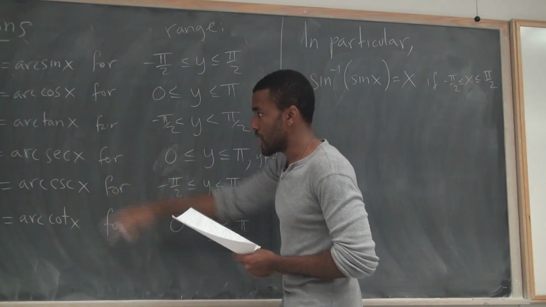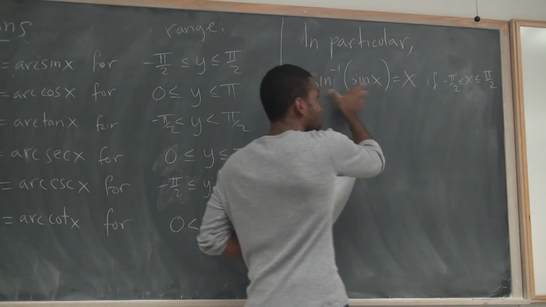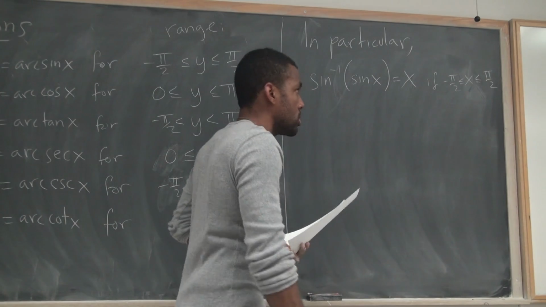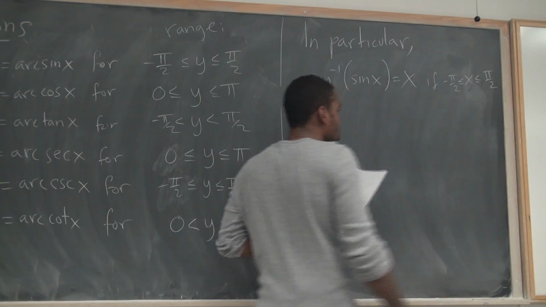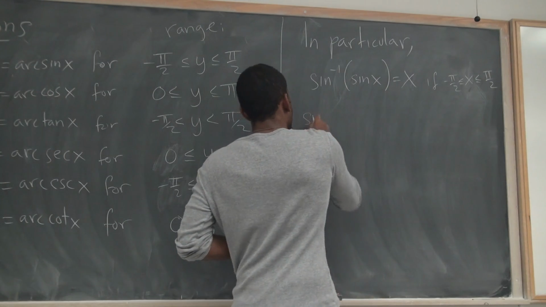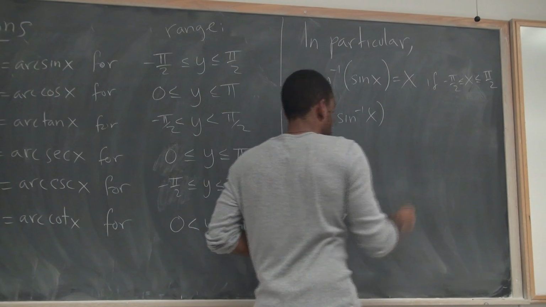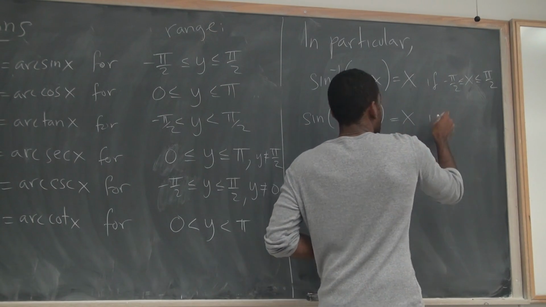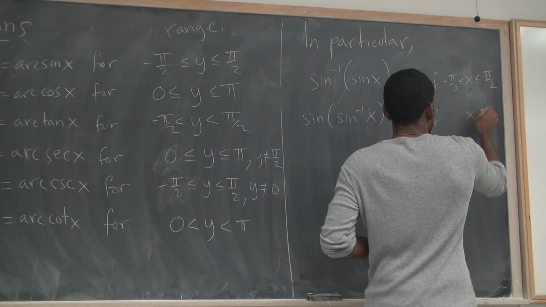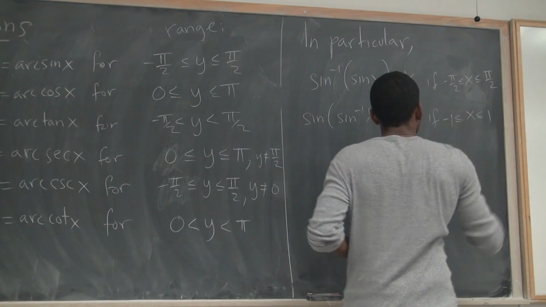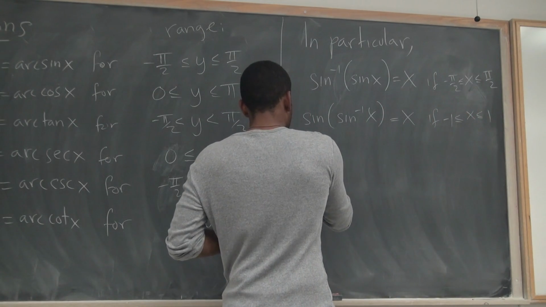So one of the reasons why you need to know this is that it doesn't always work that the inverse function gives you x for these trig functions. That's why you need to know where this actually works. However, sine of sine inverse of x is just x for all x between 1 and negative 1.